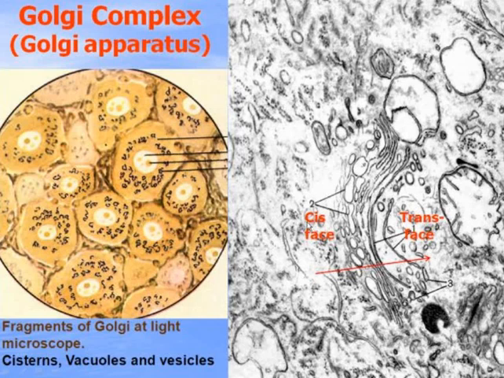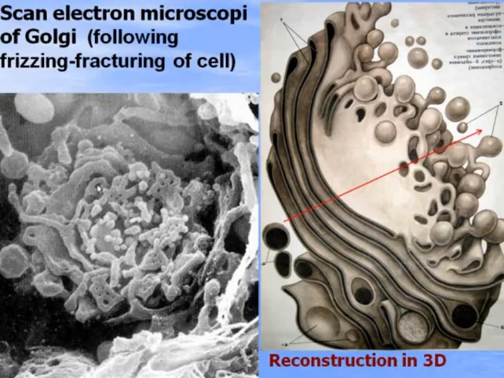From the endoplasmic reticulum, substances inside small vesicles enter the growing cis face, and then the substances slowly change and are released by the trans face inside vacuoles. This is a scanning electron microscopy of Golgi following freeze-fracture of a cell.